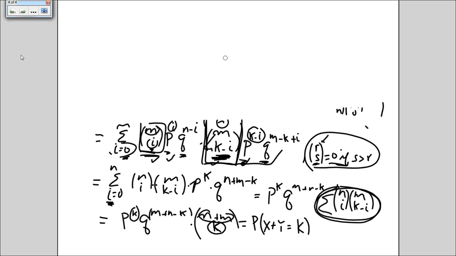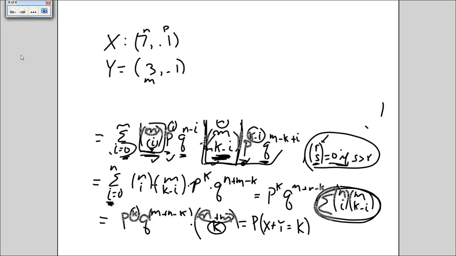But notice that the probability of success for x and y were the same. Suppose that x is binomial with parameters 7 and 0.1, that's n and p, and y is 3, also 0.1, so that's m, and that's p, and k is 2. What is the probability that x plus y equals 2?